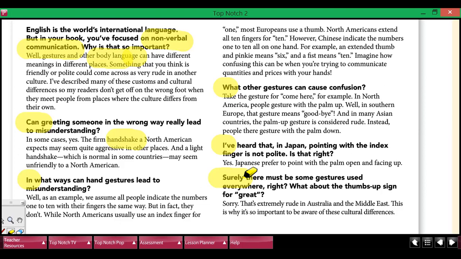Sorry, that's extremely rude in Australia. In the Middle East too. This is why it's so important to be aware of these cultural differences, right?